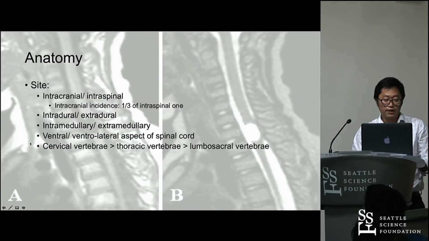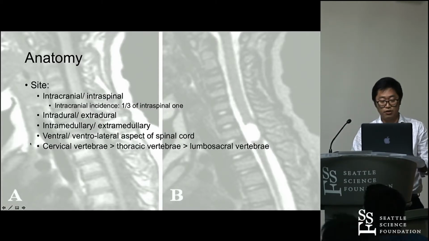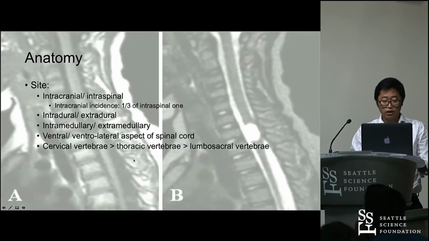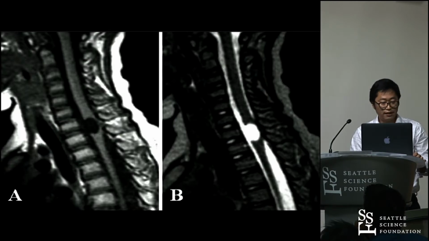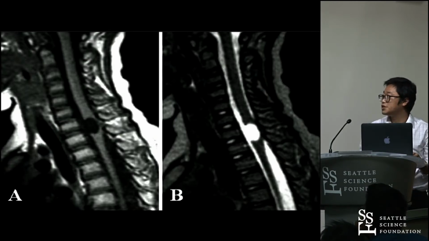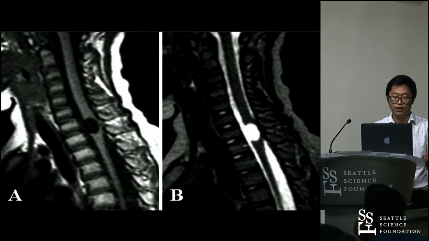You most often find this growth at the cervical vertebrae, followed by the thoracic and then the lumbosacral vertebrae. Again, the most common type is the intraspinal, intradural but extramedullary neurenteric cyst, which comprises about 78% to 90% of reported cases. The rest, 22% to 10%, is found in the intracranial or intramedullary area.